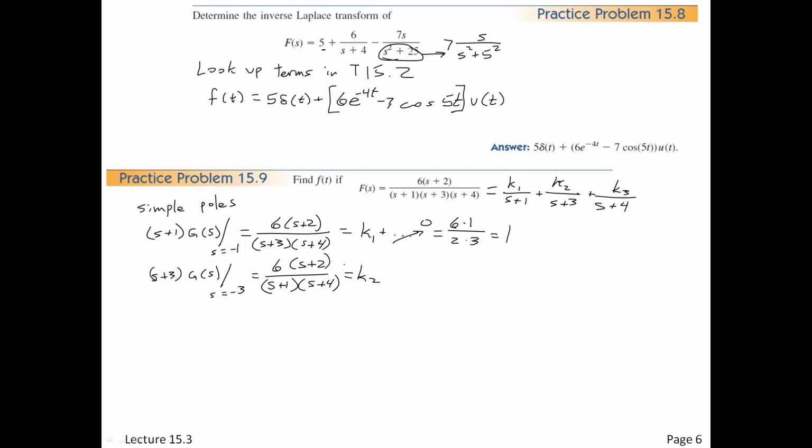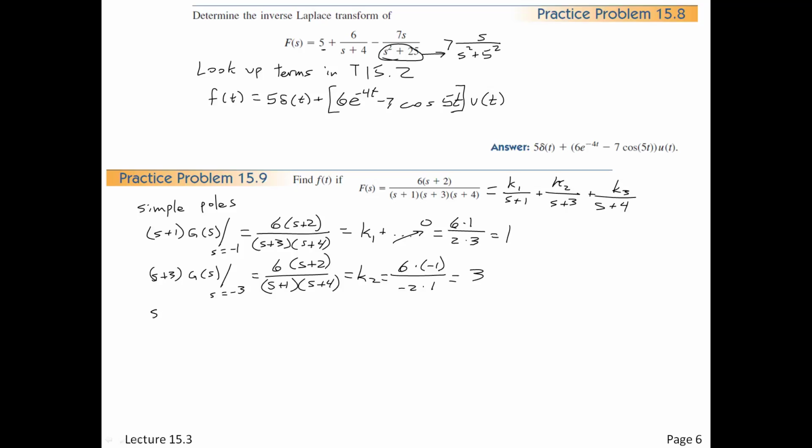We know that because things are going to get eliminated. So this is 6 times minus 1 over minus 3 plus 1 is minus 2 times minus 3 plus 4 is 1. So this looks like 6 divided by 2 is 3.